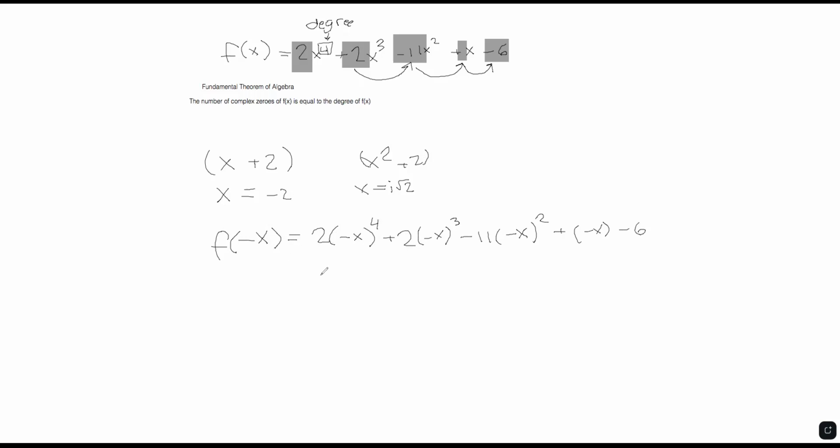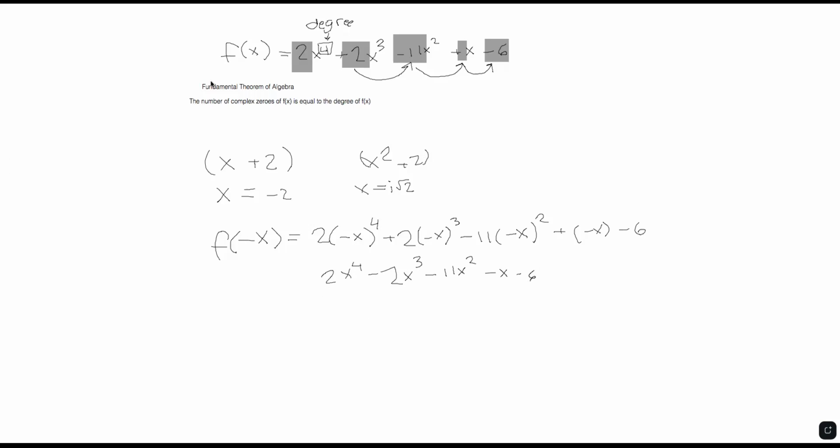So we can simplify this to be 2x to the fourth. And then it will be, no, sorry, it'll be minus 2x cubed. And then we have, this will be minus 11x squared, minus x, and then minus 6.